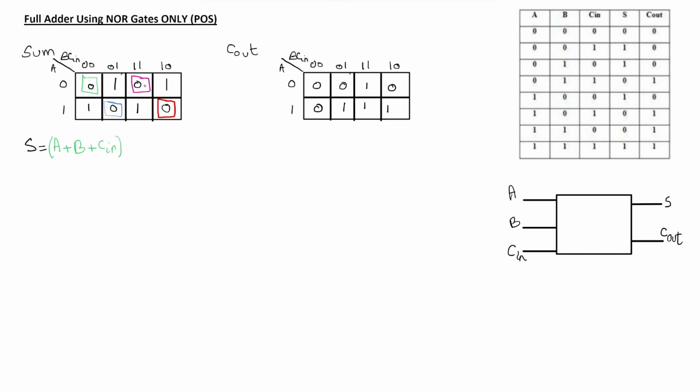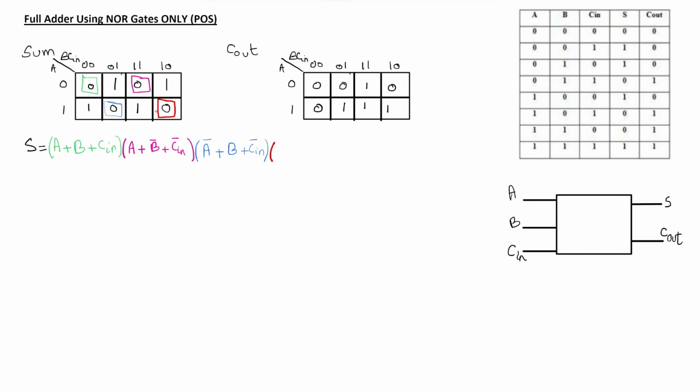For this 0 here, I circled in pink, A is 0, so this will be A plus, B is 1 and Cn is 1, so this will be B bar plus Cn bar. And then from the term in blue, A is 1, so this will be A bar, plus B is 0 and Cn is 1, so it will be plus B plus Cn bar.